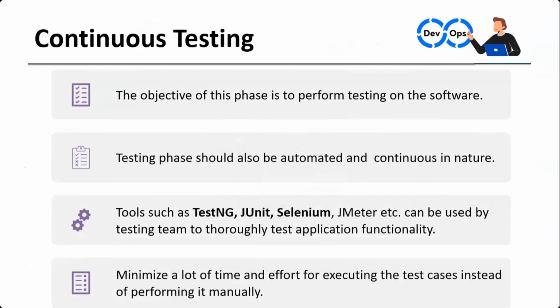So the use of tools like we have here: TestNG, JUnit, Selenium, and JMeter. Perhaps JUnit is a bit well known. These enable testing the application functionally as well as in terms of performance.